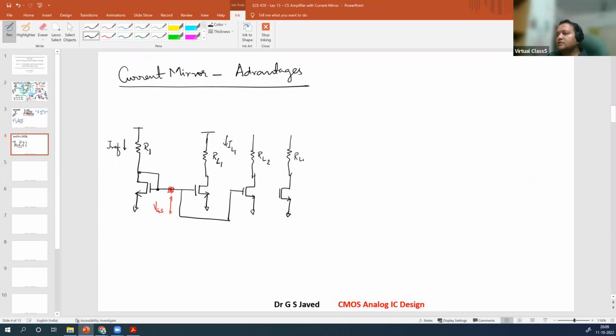If you have these three circuits and so on, if you can ensure this condition is maintained, in that case, all of these IL1, IL2 and IL3 will have the same current IREF.